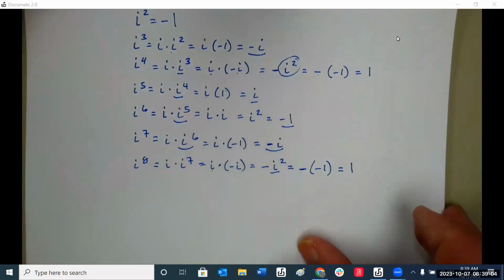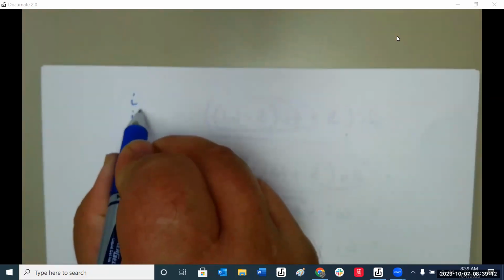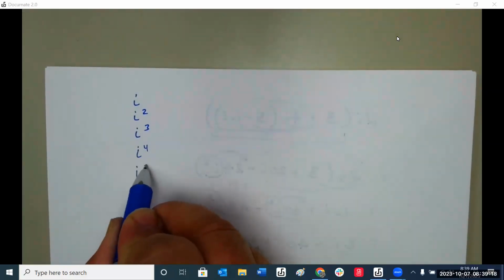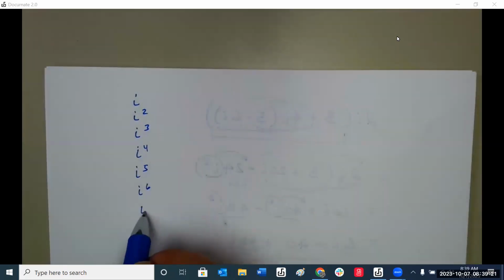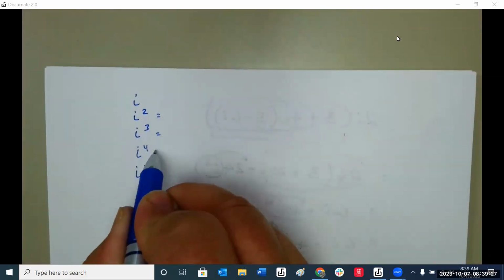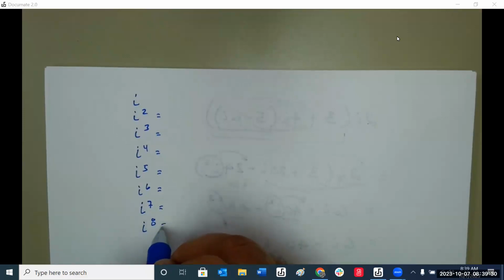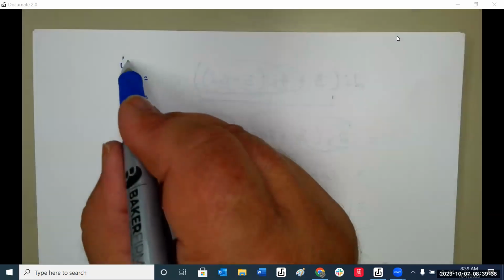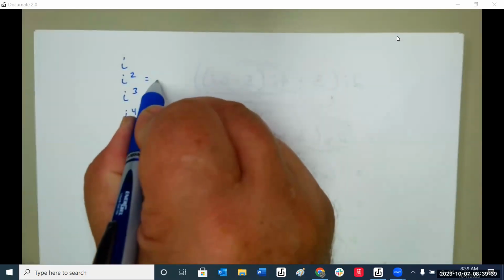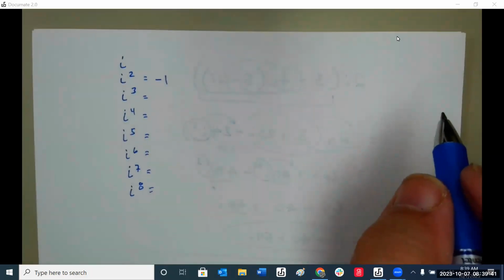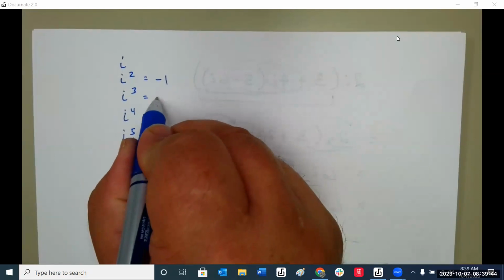So let's look at the pattern here. i is just i, because remember, you cannot have an exponent greater than 1. i squared was -1. i cubed was -i.